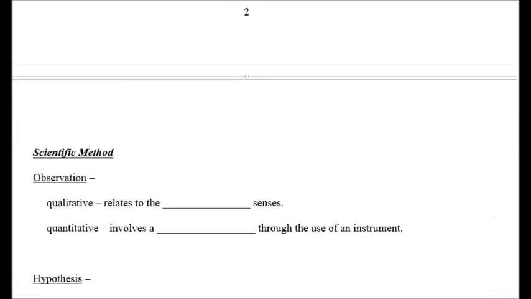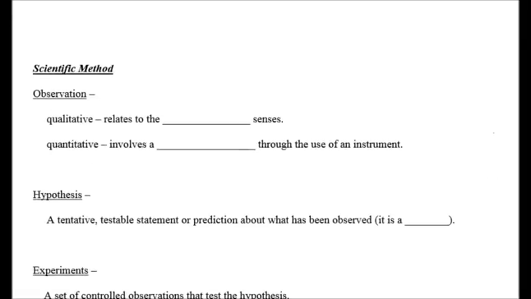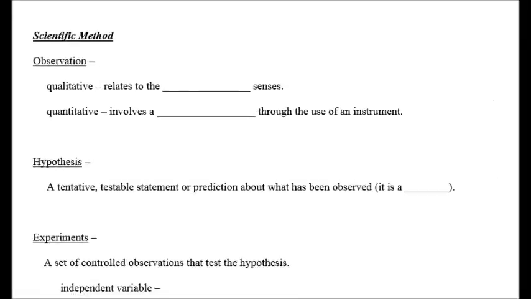We also need to understand the scientific method, which I'm sure you've seen in all of your other science courses. The scientific method usually starts with an observation. An observation can be qualitative. In other words, it relates to the 5 senses. Or it can be quantitative, which means it involves a number. The only way you can get a number is if you use an instrument.